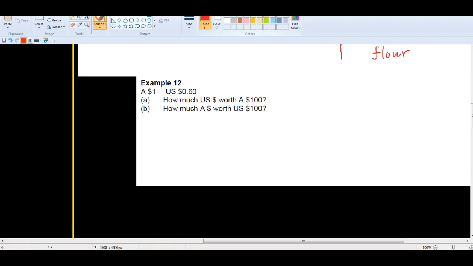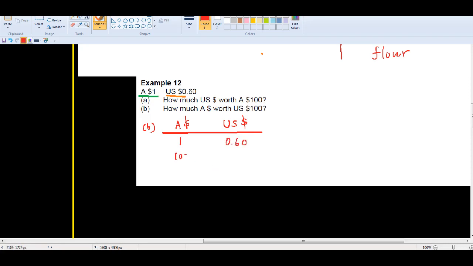Again, you see that the two types are quite obvious. You got Australian dollars, that's one type, and you got US dollars, that's another one. All you need to do is just do the things we have been doing. Let's write it like this: Australian dollars, US dollars. For Australian dollar, you got $1, 60 cents.